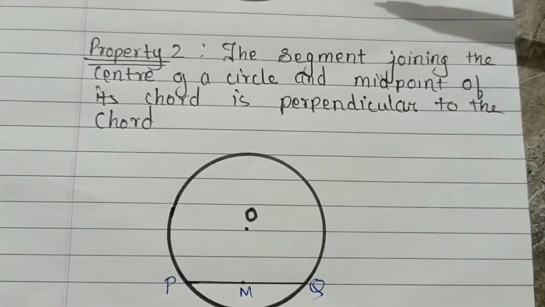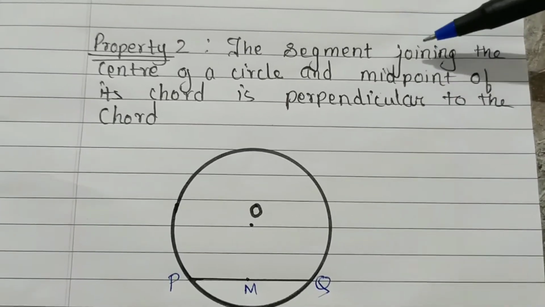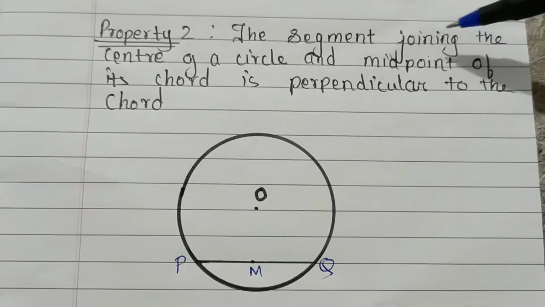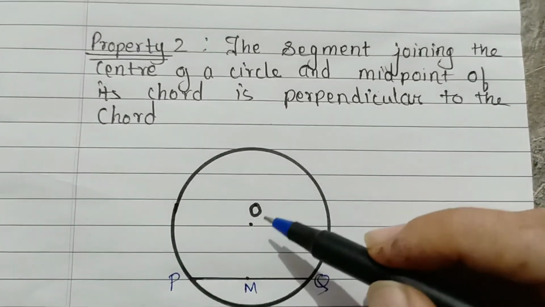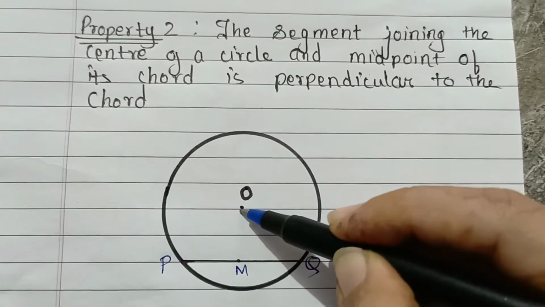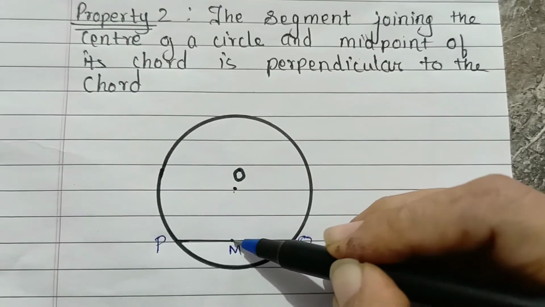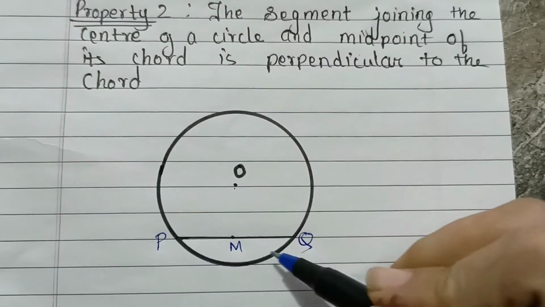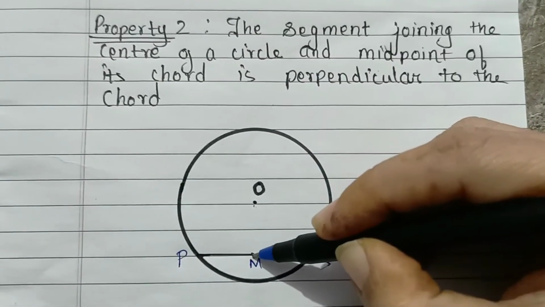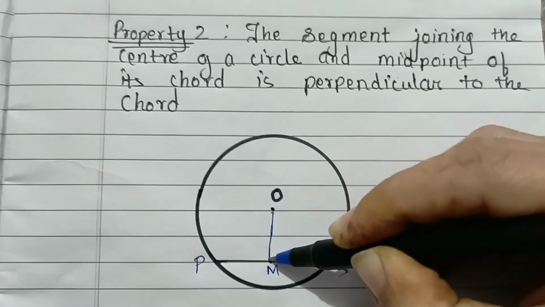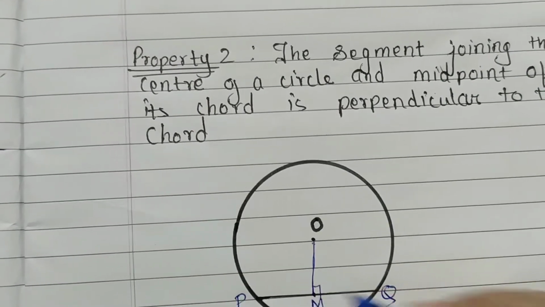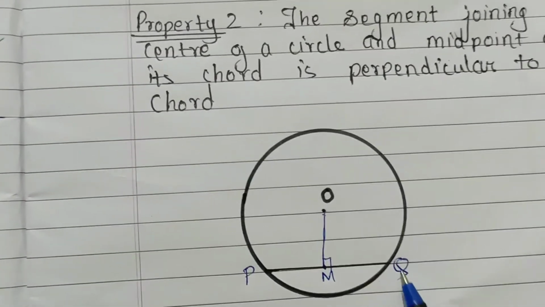Second property, the segment joining the center of a circle and the midpoint of its chord is perpendicular to the chord. That means the segment joining the center and the midpoint, we'll consider M as the midpoint of the chord PQ, and if we join these two points, this segment will be perpendicular to this chord PQ.